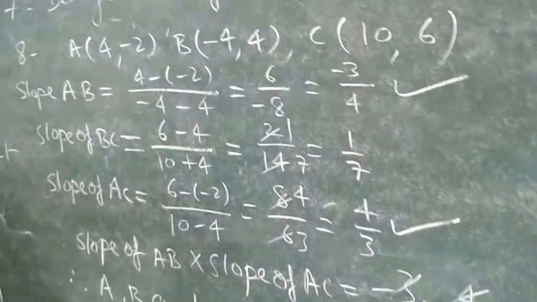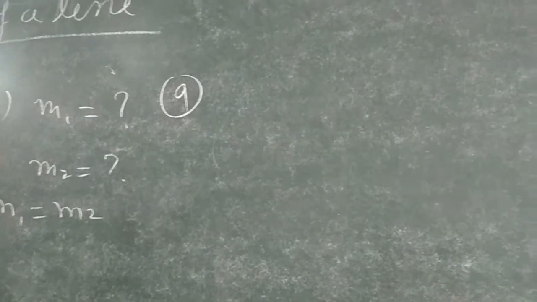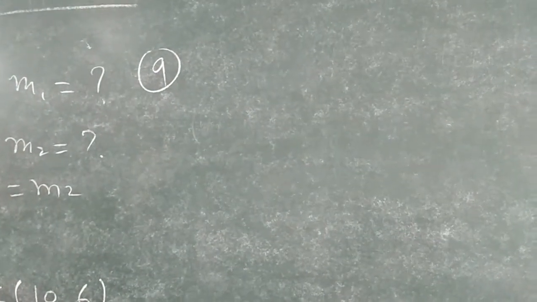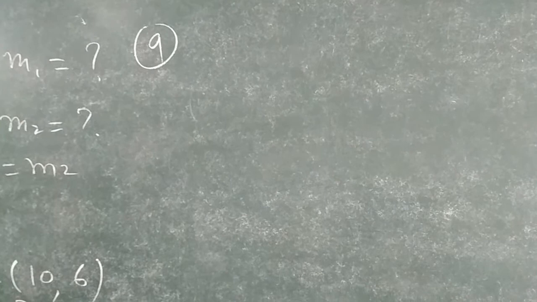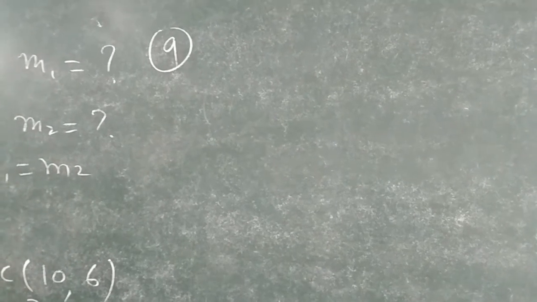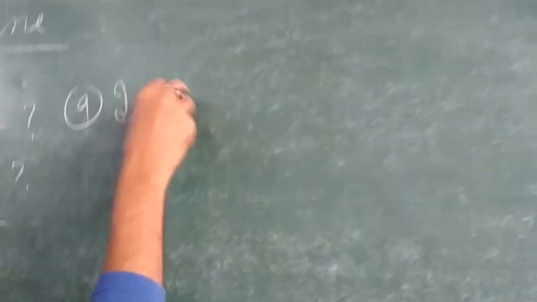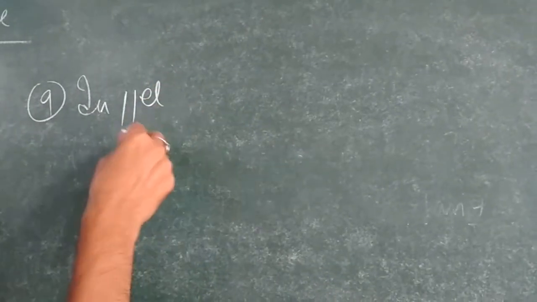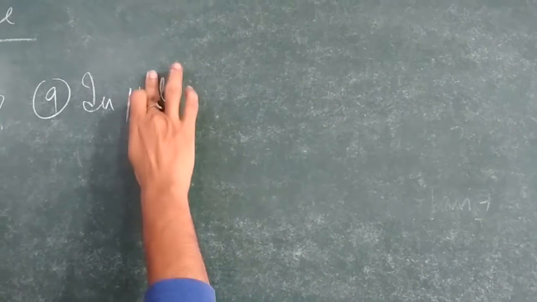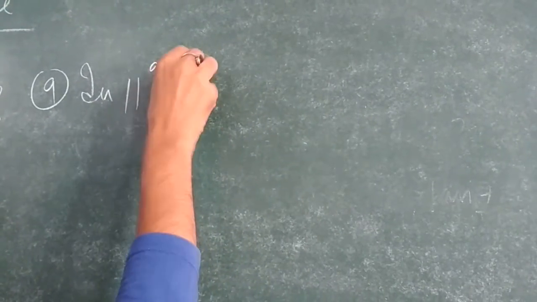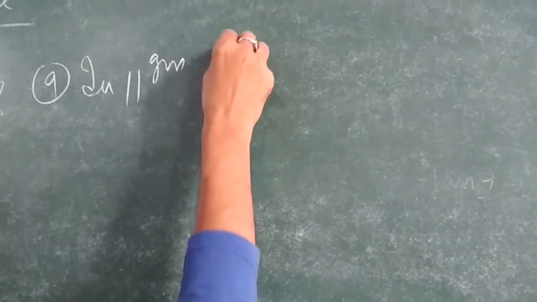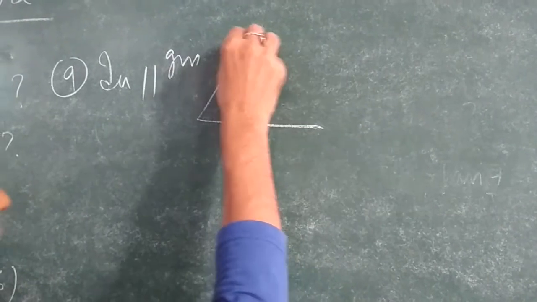Now next question. This is question number 9. Without using the distance formula, show that the points A, B, C, D are the vertices of a parallelogram. In a parallelogram, I draw a figure here.